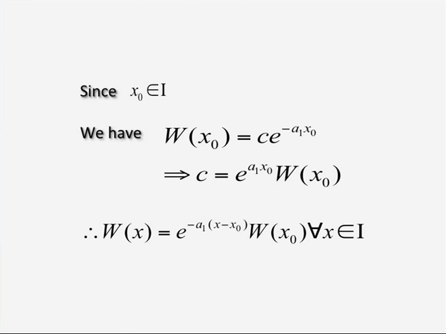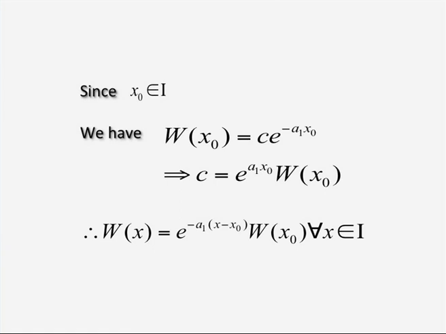We can eliminate this C by using x naught belongs to I. This is the given point from the hypothesis. Put x is equal to x naught in the general solution. Then we have W of x naught is equal to C into e power minus A1 x naught, which implies that C is equal to e power A1 x naught into W of x naught.